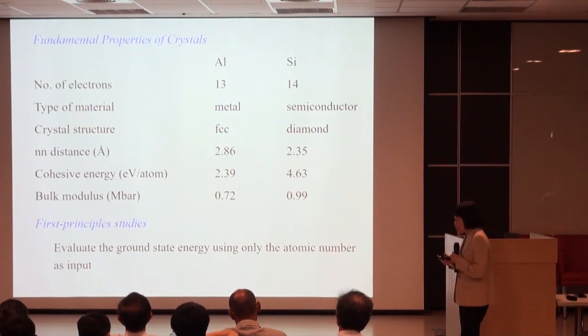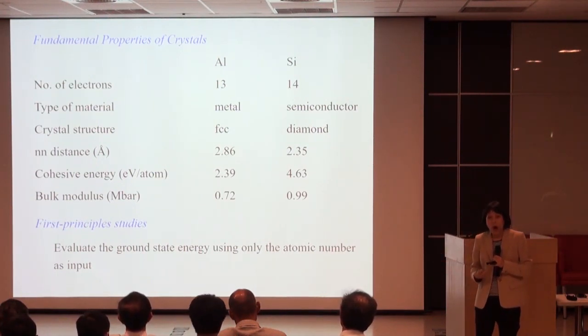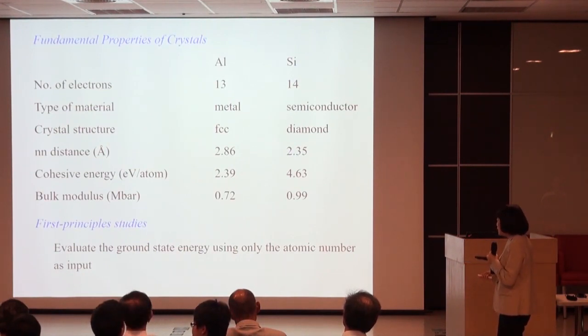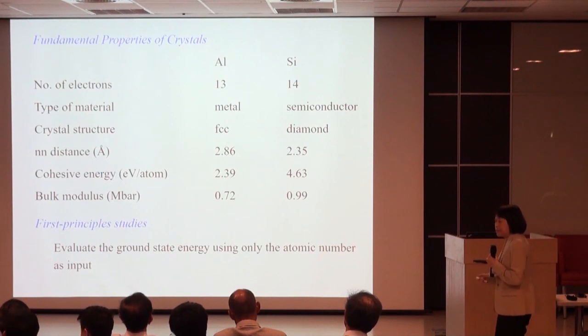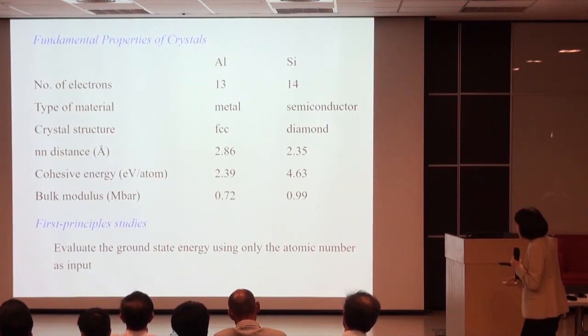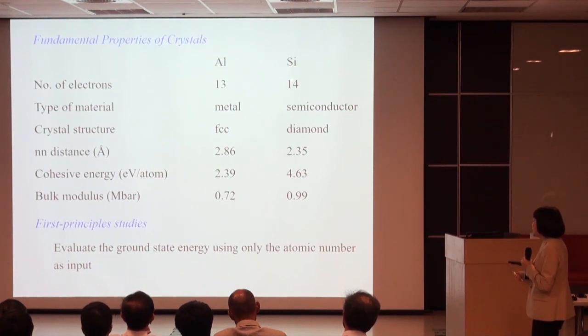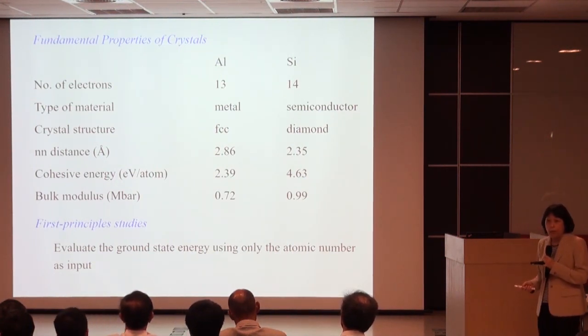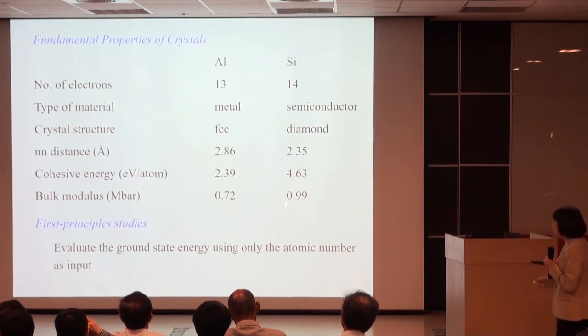Nowadays, the development of the whole theoretical approach has been able to tell us the differences between different elements and different atomic configurations. For instance, the difference between aluminum and silicon: you change the number of electrons by 1, and you get completely different physical properties.